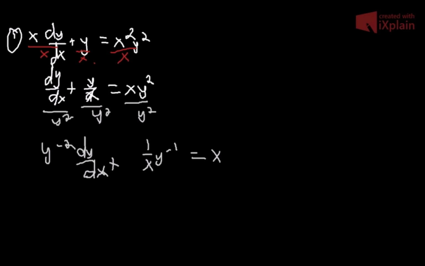This is now easy. Here we said this 1 minus this 2, we got now negative 1, so it has to be y to the power negative 1. I think you got that one.